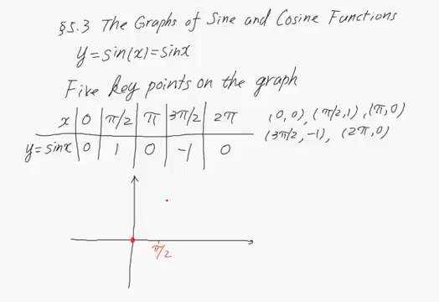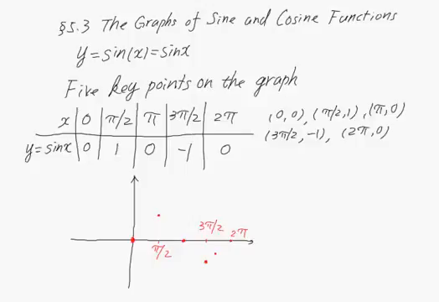So half pi, 1 is about here, and then pi, 0 here, and then 3 pi over 2, negative 1. So this is 3 pi over 2. So negative 1 here, and then 2 pi, 0 here.